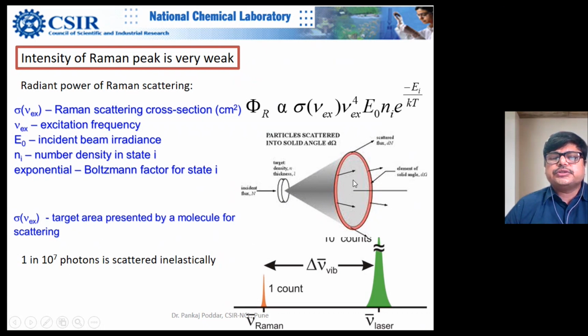So the scattering cross section is very bad here. And one more thing we would like to note is that the scattering cross section is inversely proportional to lambda to the power 4, or directly proportional to the frequency to the power 4. This relation is similar to what we see in elastic scattering, that is Rayleigh scattering.